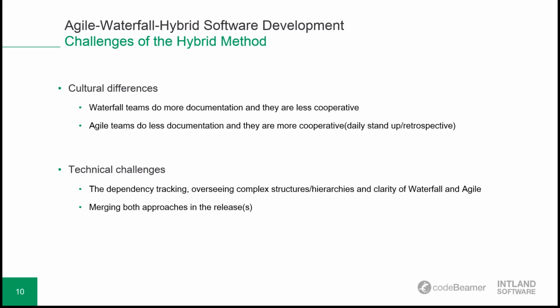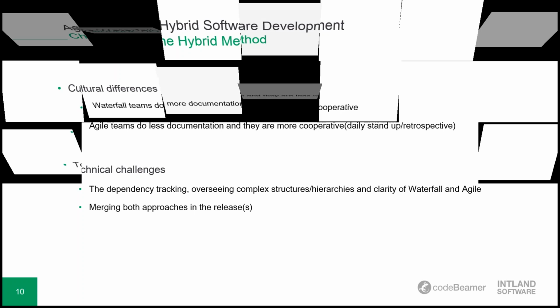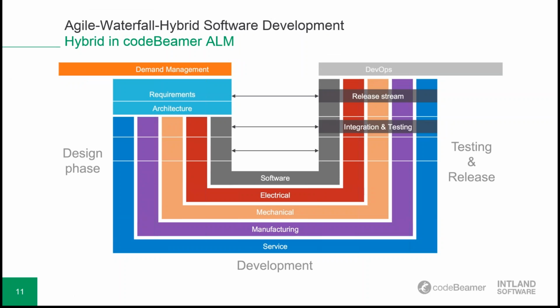And before we start with the live demo, I would love to show you a few examples. Hybrid in codeBeamer ALM. If you look at this chart, I think you can agree with me that it's at the first look pretty difficult. What we see here is that life cycles are connected.